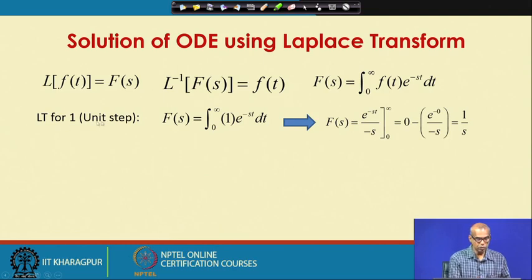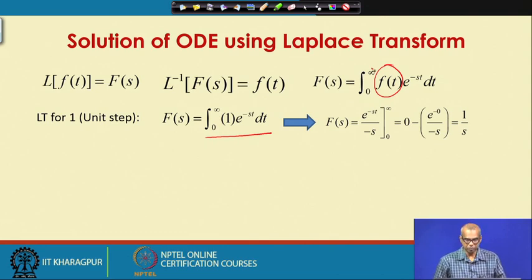Let us say Laplace transformation of unit step is this. Just put 1 in place of f t, and if we do this integration, I will get 1 by s.